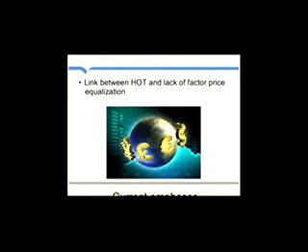This point about technology differences directs our attention to a fundamental link between the Heckscher-Ohlin theorem and the lack of what is called factor-price equalization across borders. That is, returns to capital and returns to labor do not equalize across borders, do not equalize across rich and poor countries. This, too, in part, is because countries have different technologies or maybe even different cultures. In this regard, you can think of a culture as a technology.